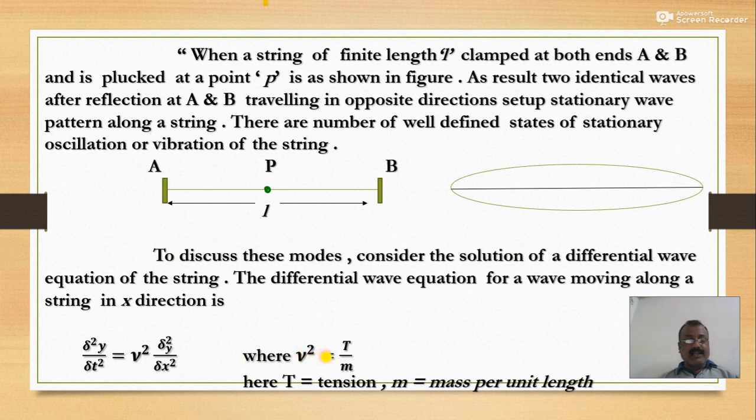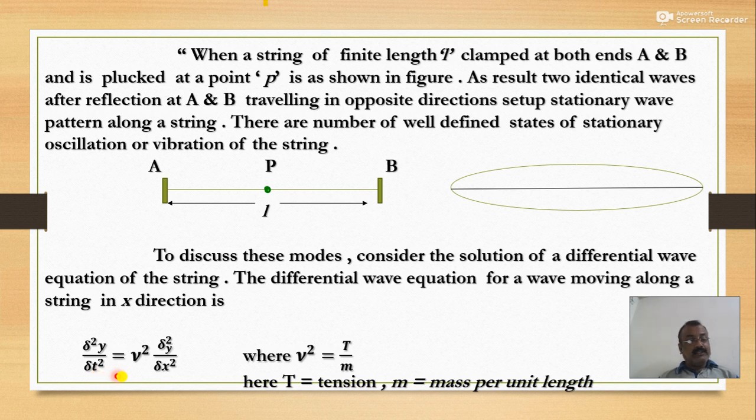In our lower classes, we have derived the expression for the velocity, that is v squared is equal to T by m, otherwise v is equal to square root of T by m, where v is known as velocity of the wave, T is known as tension in the string, m is known as mass per unit length. Hence, this is the differential wave equation which is moving along x direction at any instant of time t second.